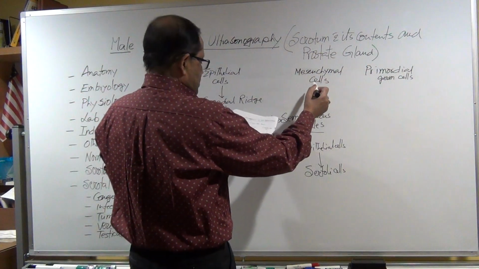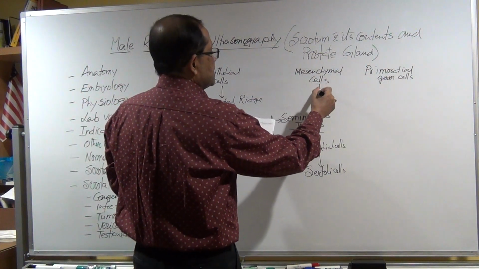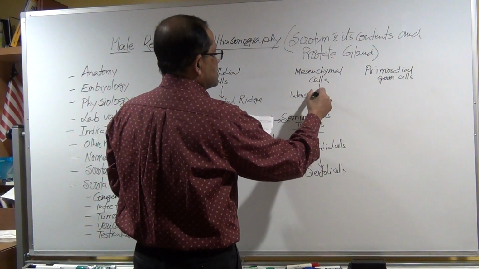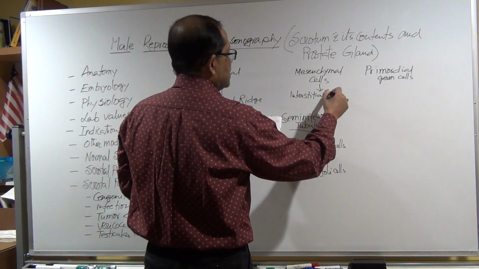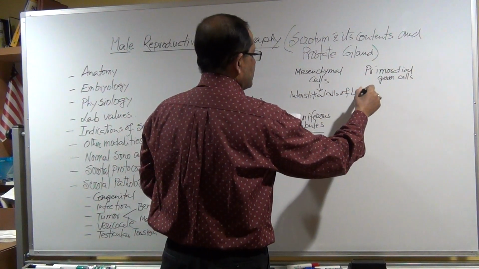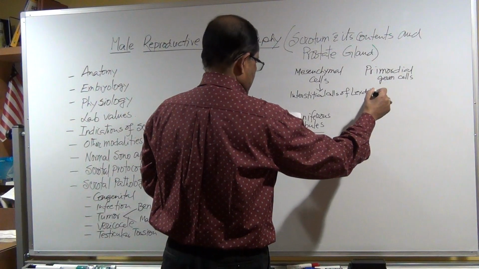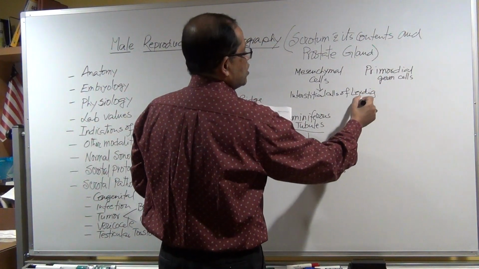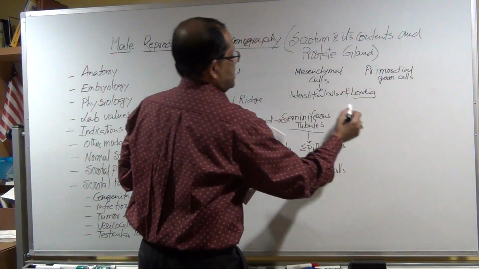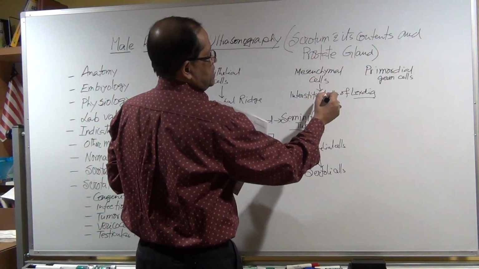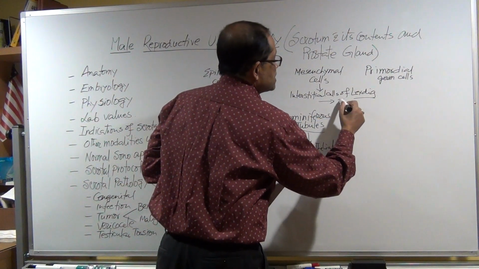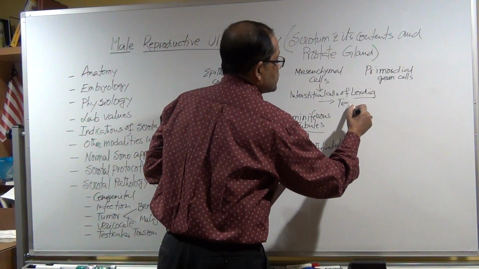From the mesenchymal cells, interstitial cells of Leydig, or simply called Leydig cell. This is the interstitial cells of Leydig, comes from the mesenchymal cells, and this Leydig cell produce testosterone, the hormone.